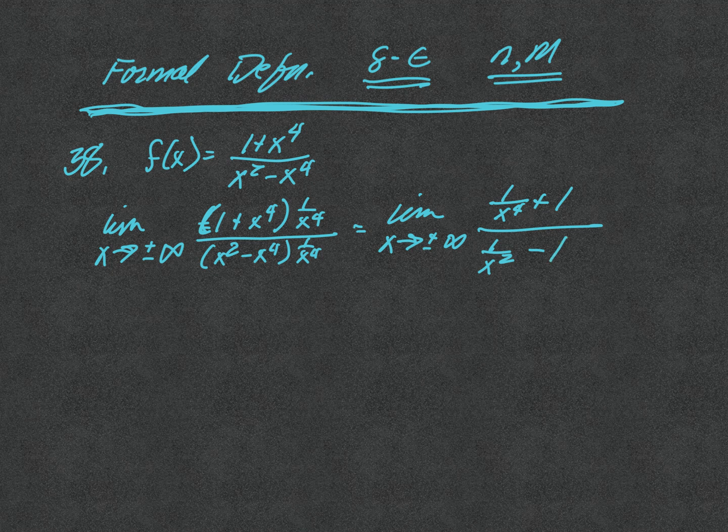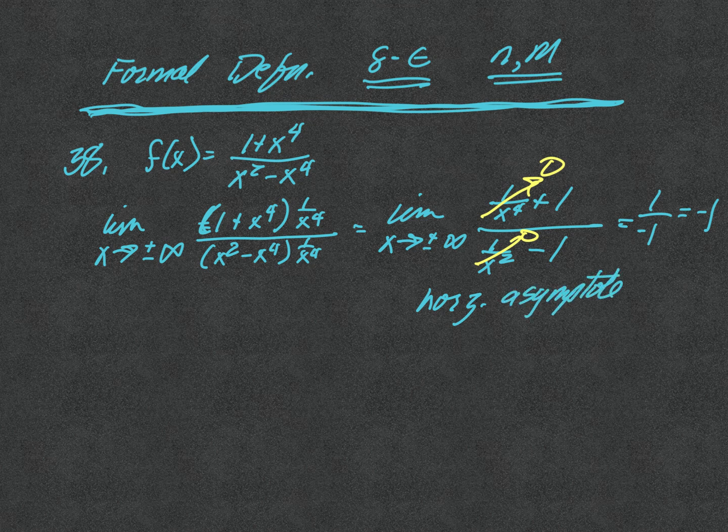And so with either positive or negative infinity, these two terms right here are going to go to 0. All right? And so I am left with 1 over negative 1, or negative 1. And so the horizontal asymptote is y equals negative 1.